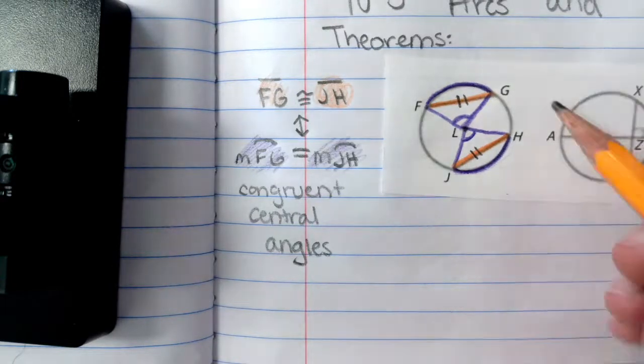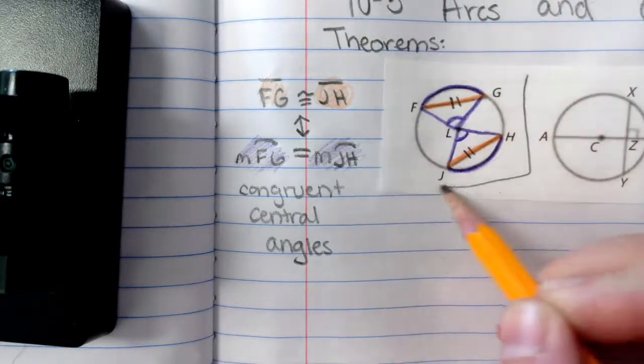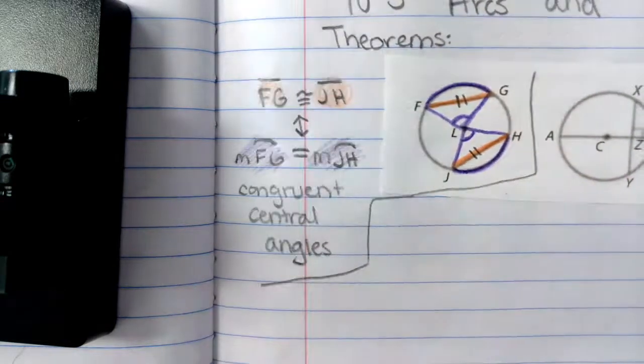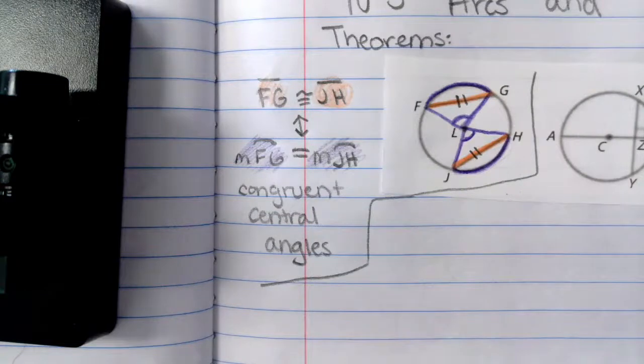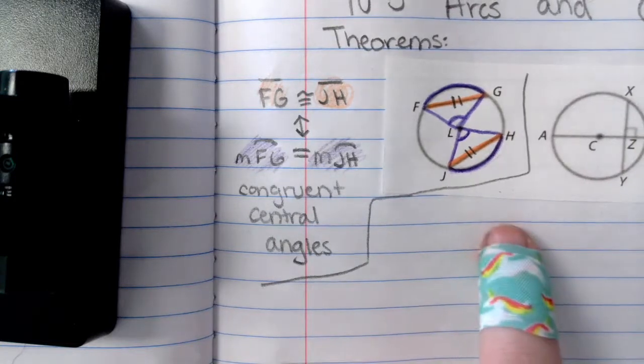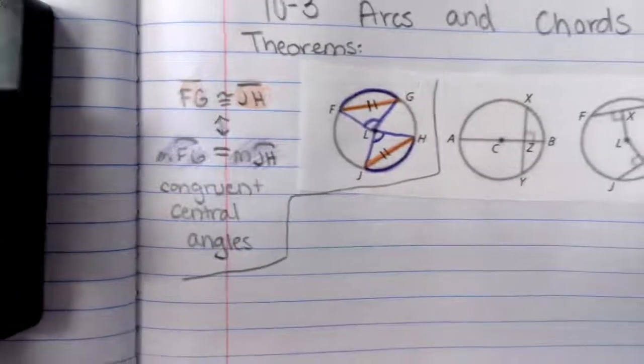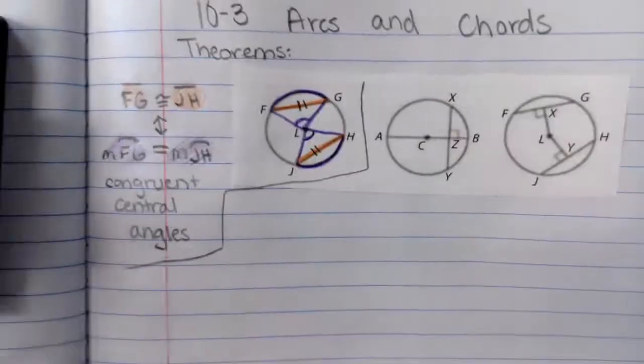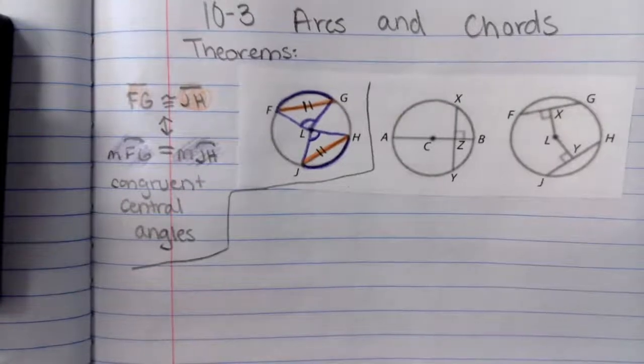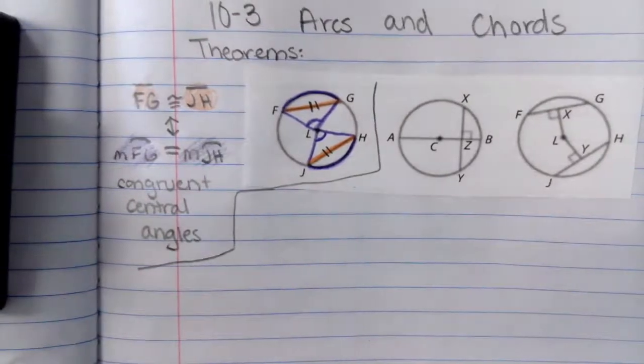I'm not going to. Alright, in this circle, if I look at this, AB is what? A diameter. Good. What does diameter mean again? It goes through the middle and it goes from side to side.